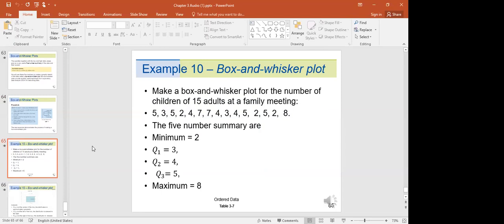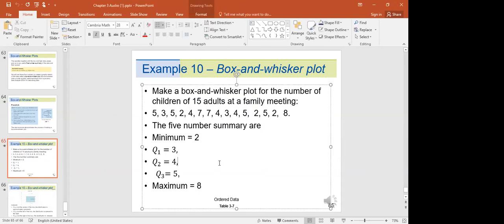So I will quickly use Excel to construct a box and whisker plot.